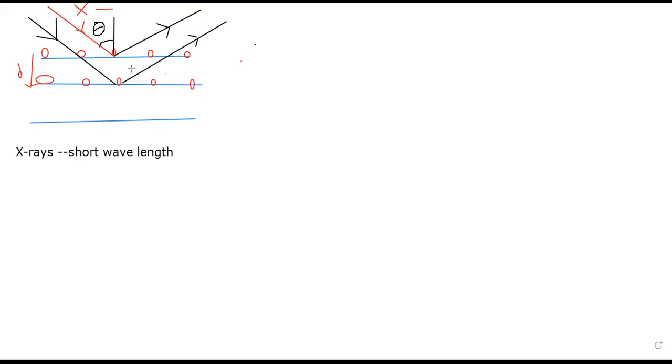I will represent this point for the first one with O, and this point with O dash.